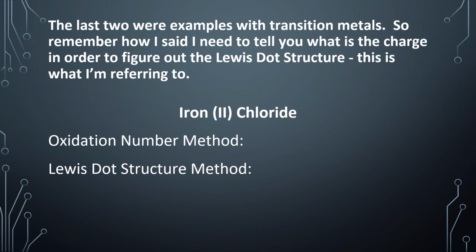So when we look at these last two examples, we had transition metals. So you still have to be able to do the oxidation number method and crisscross method for this. Oh, sorry, and the Lewis dot structure method, my bad. So the oxidation number method: you look at here, this is iron with a Roman numeral 2, so it's actually Fe2+. That's where that comes from. Cl1-. I crisscross the 1 and 2.